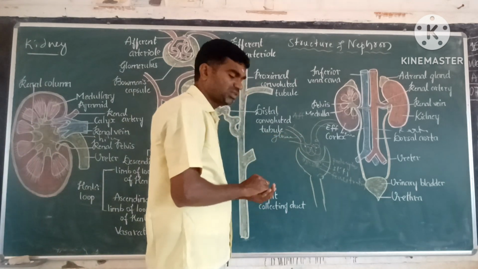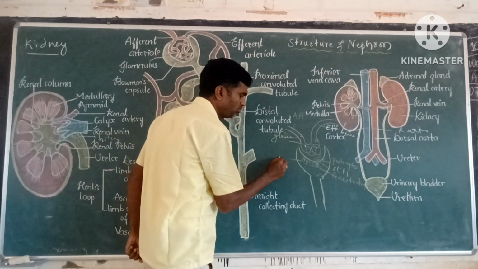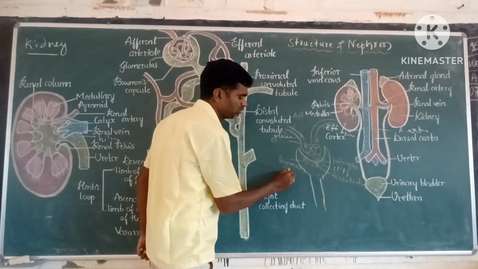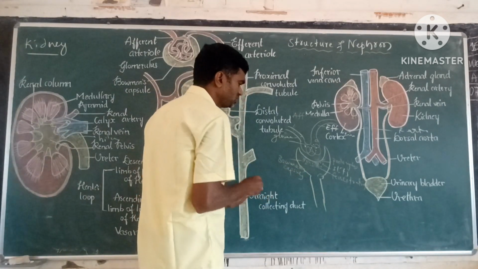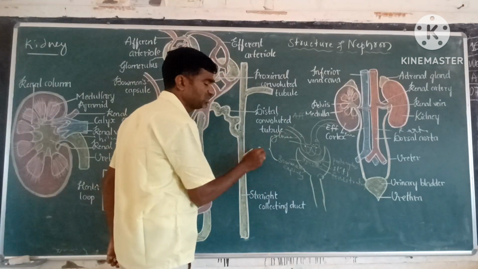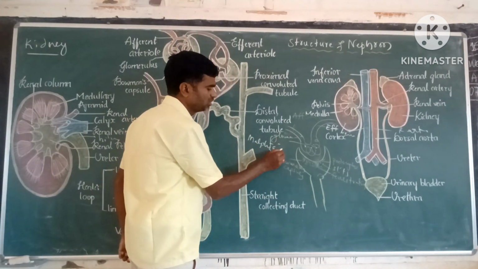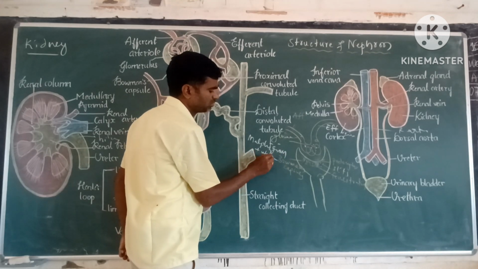This is the glomerulus and this is the Bowman's capsule. The glomerulus and Bowman's capsule together are called the Malpighian corpuscle.